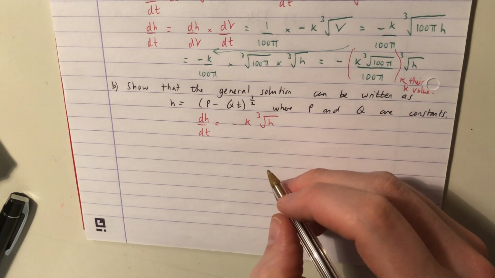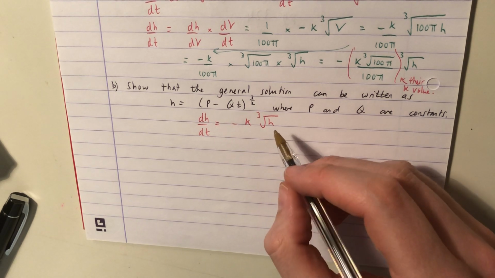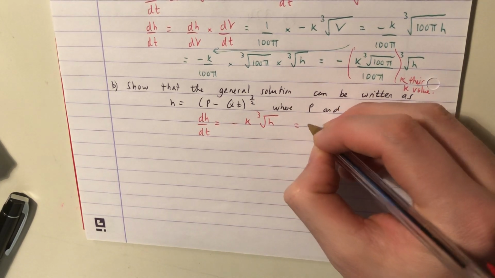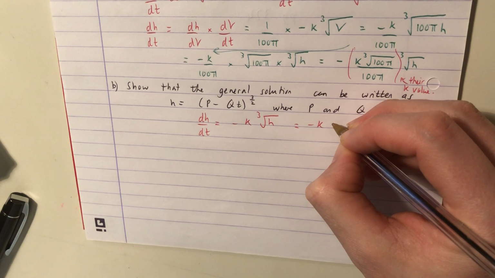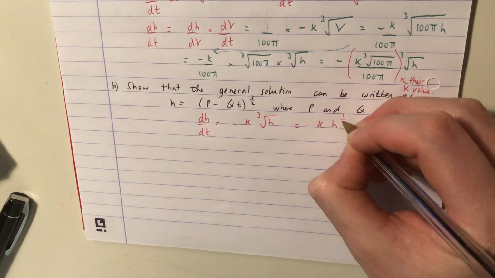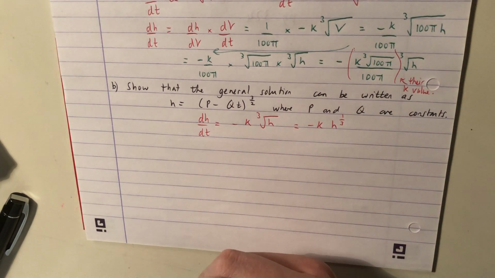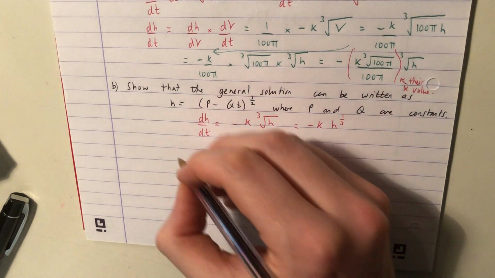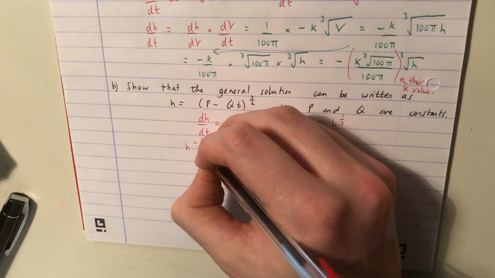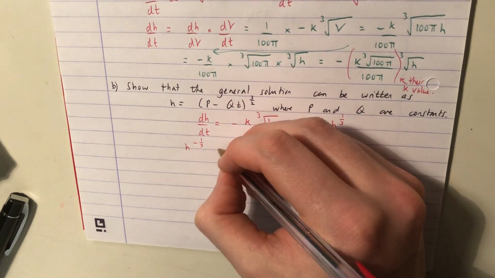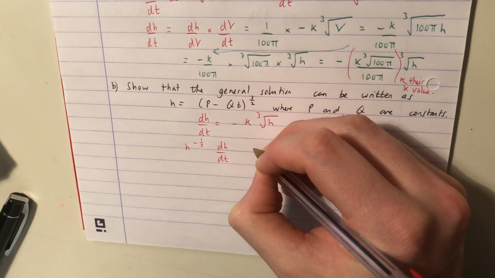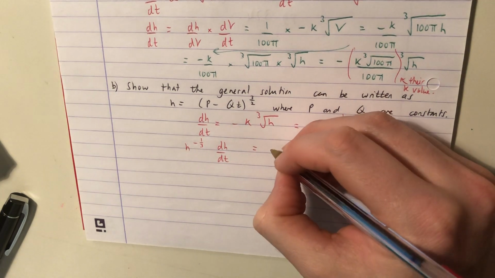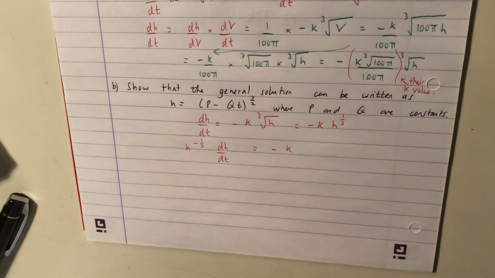So this would be, kind of want to do this in index form as well. So minus k h to the third. If I took that to the other side, that would be to the power of minus a third. So that would be h to the minus a third dh by dt is equal to minus k.